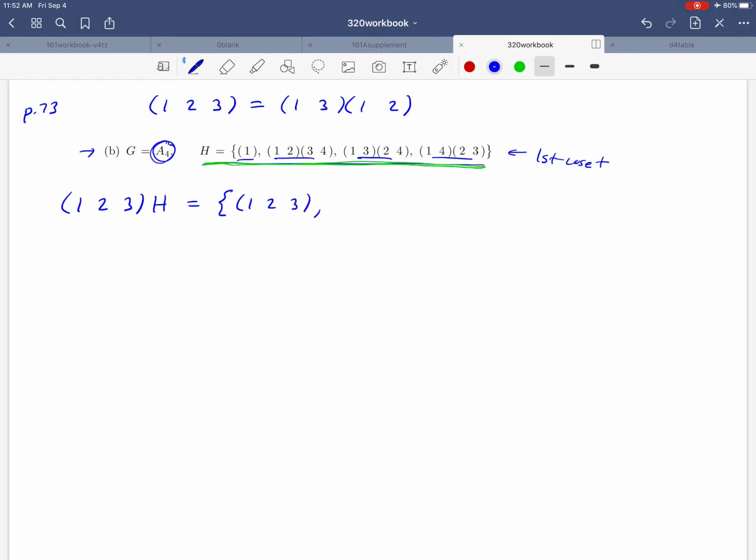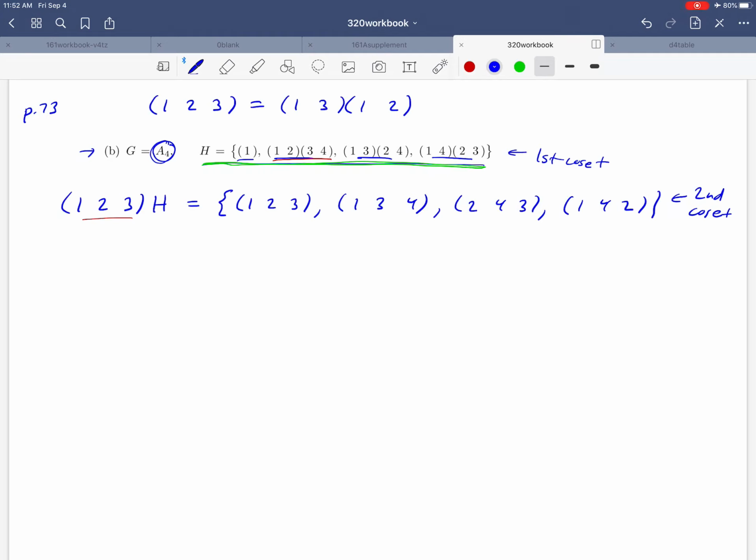For the other 3 elements, I'm going to leave it to you to confirm my calculations. (1 2 3) times (1 2)(3 4), if you do the arithmetic, gives (1 3 4). That's my claim. And if you keep calculating, you get (2 4 3) and finally (1 4 2). All right, here's our second coset.